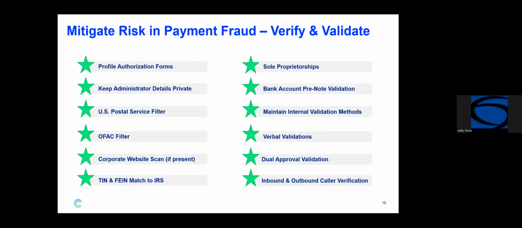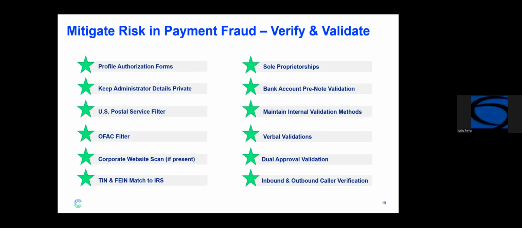You want to make sure that these are the suppliers that are supposed to be getting these payments that you're initiating. And so, one thing is a profile authorization form. We'll go into details of these in the slides following, but they're forms that verify the information that they've provided when they've created their profiles.